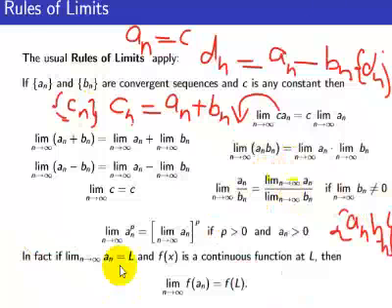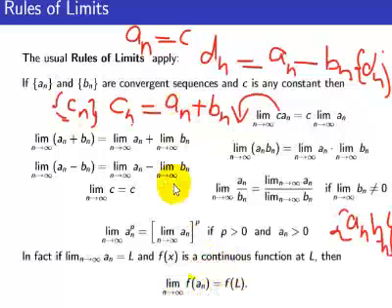so there's another one. Suppose we have a continuous function like this, and the limit of f of a sub n is equal to f of the limit of a sub n. So you can interchange, you can take this limit.